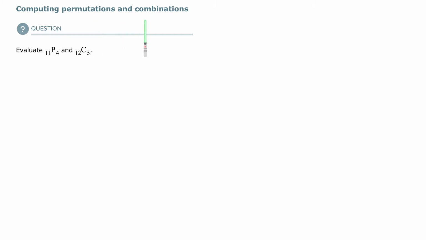Computing permutations and combinations. So what's the difference between permutations and combinations? A permutation is an ordering. I'll give you an example. So when we say 11 permute 4, an example here would be, let's say you have a basketball tournament and there are 11 basketball teams fighting for a playoff position.